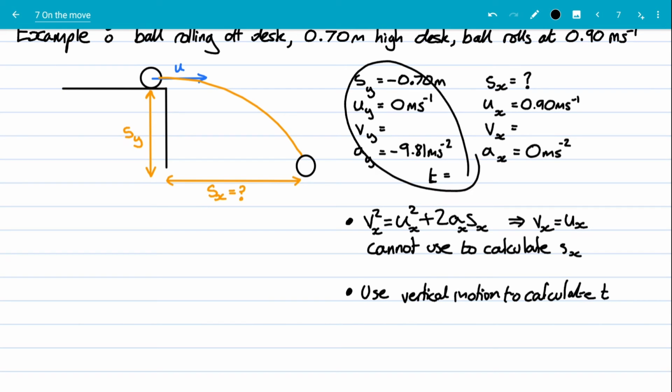And this is why I say t is the conduit between the horizontal and the vertical. This is why I say that. So we're going to calculate no vy equation.